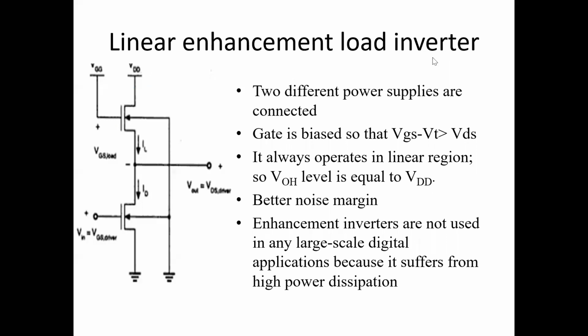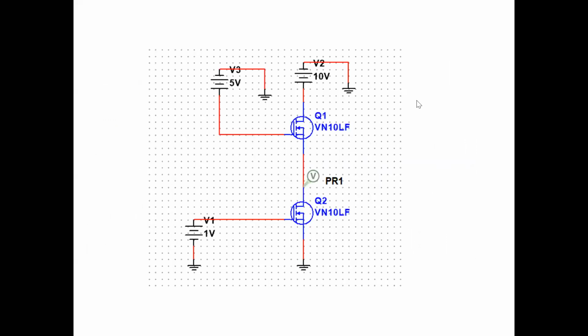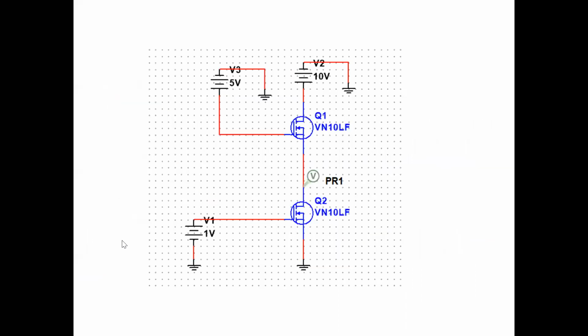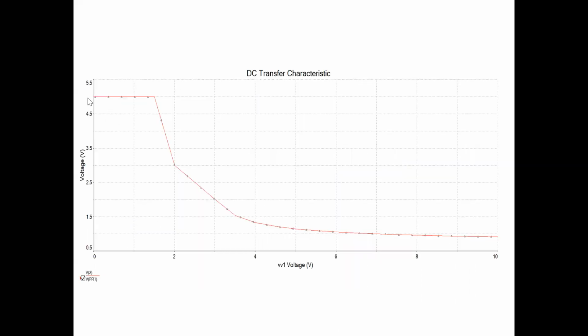In that case, let us look at the graph here. Compared to the enhancement saturated mode, this is comparatively on the lower end. The output voltage reaches 0, but it is not reaching the full VDD value. It is somewhere around 5 volts.